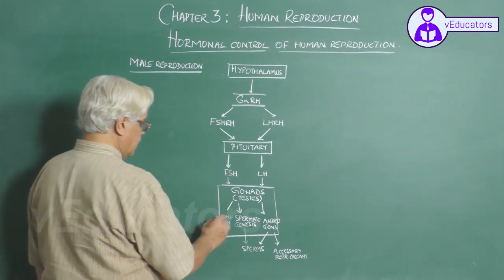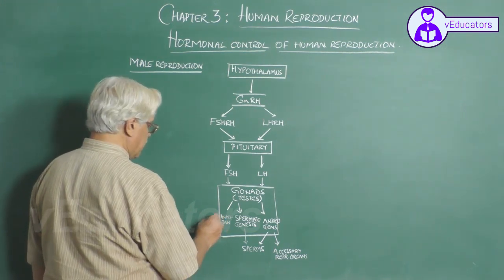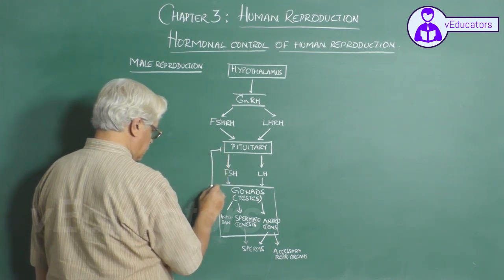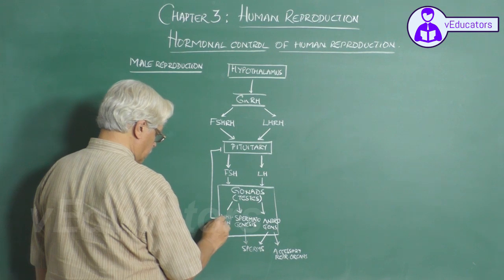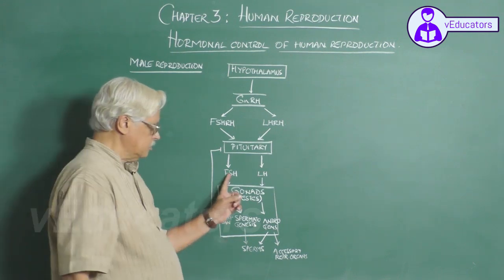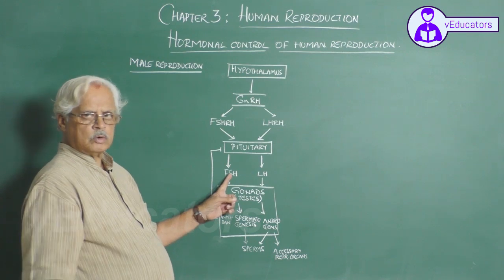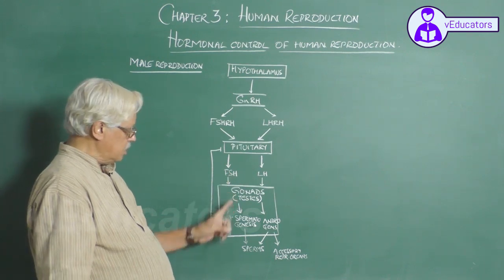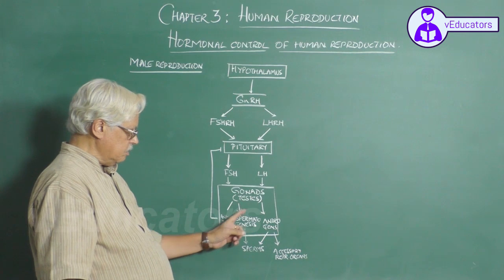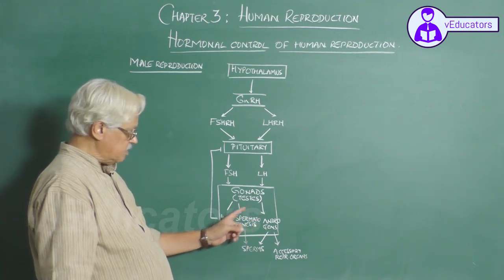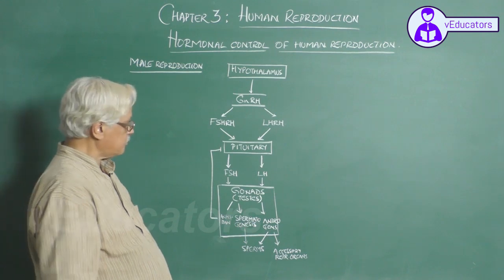Inhibin has a negative feedback on the pituitary, either to increase the production of FSH or to decrease the production of FSH as and when necessary, depending on the progress in spermatogenesis.